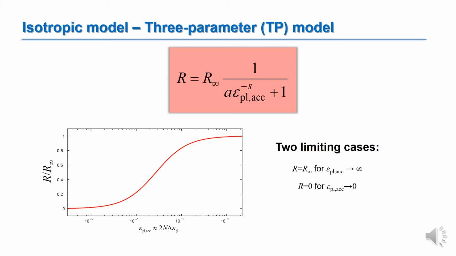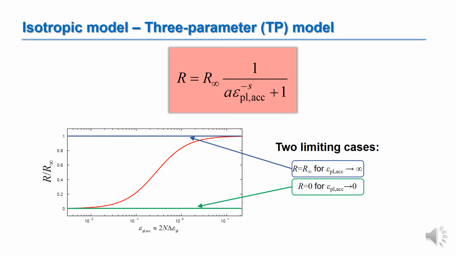The proposed expression has a physical basis, being able to capture the two limiting cases: R equal to 0 for accumulated plastic strain going to 0, and R equal to R infinite when accumulated plastic strain tends to infinity.